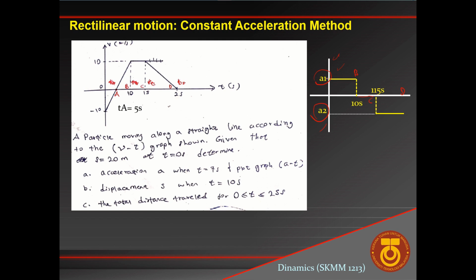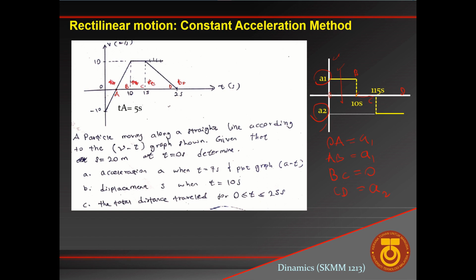We can analyze point by point, maybe from O to B, or we can split it into segments: OA, then AB, then BC, and then CD, with accelerations A1, 0, A2. If we do it segment by segment, the acceleration is always constant: A1 constant and positive, 0 constant, and CD constant at a negative value.